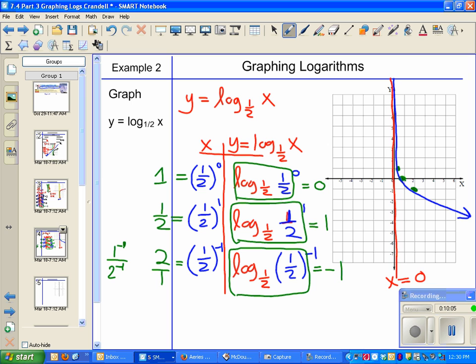So it looks a little different because of the 1/2. But our domain is still x is greater than 0, and our range is all real numbers. Okay. The range for logarithms will always be all real numbers, and the domain is going to be whatever is greater than h. Okay. Questions, write them down, ask me tomorrow.